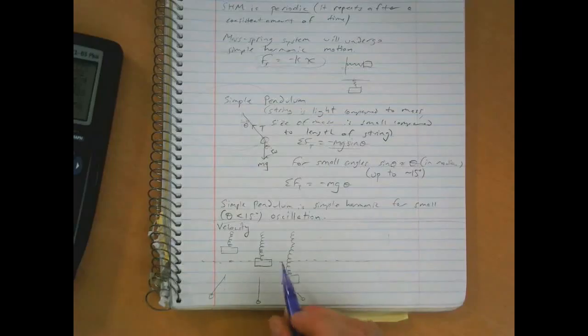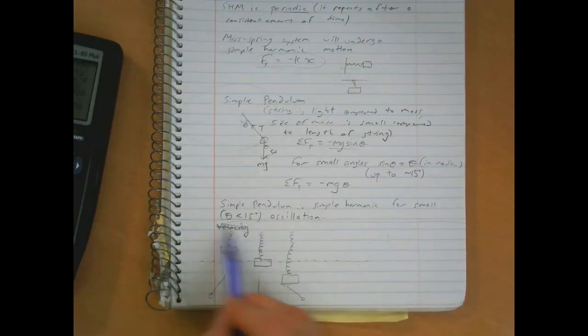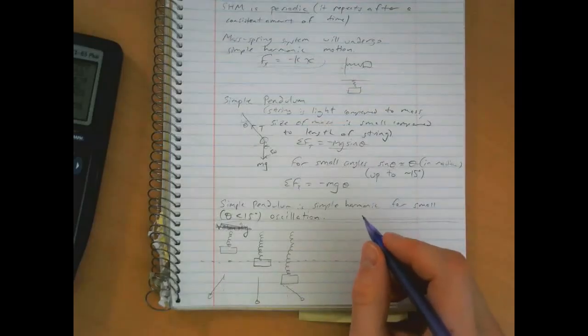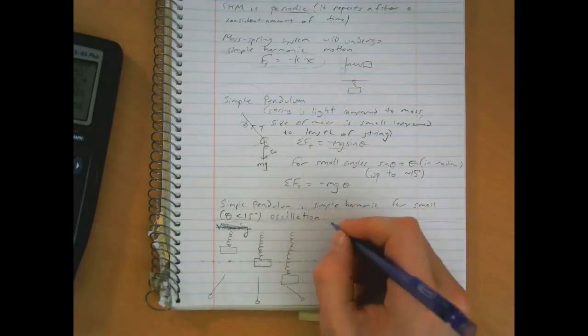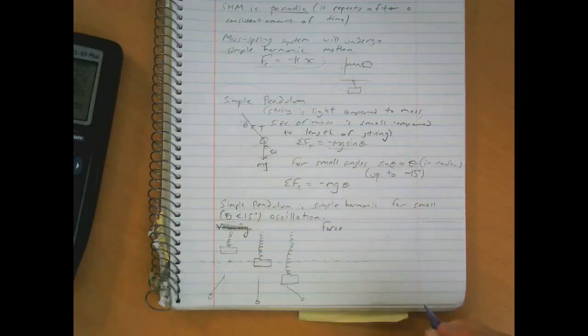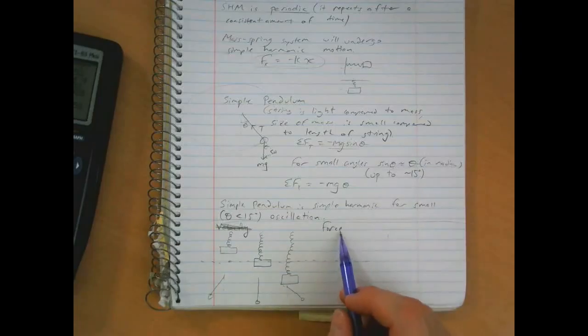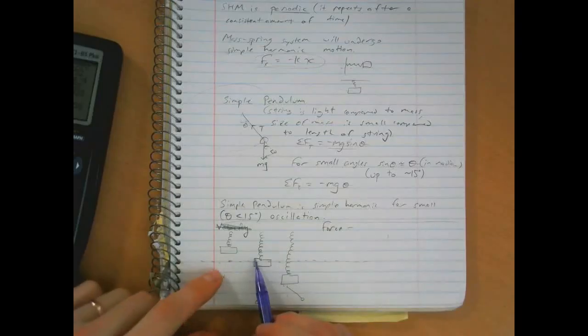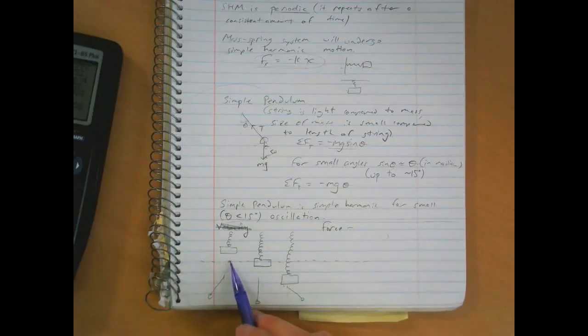Actually, let's consider force first, because that will be more useful, and we can extrapolate what is happening with velocity based on what is happening with force. So let's consider net force. Well, we know that the force is proportional to displacement from equilibrium.